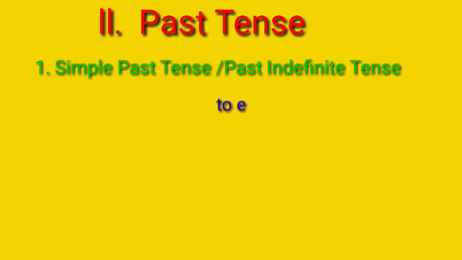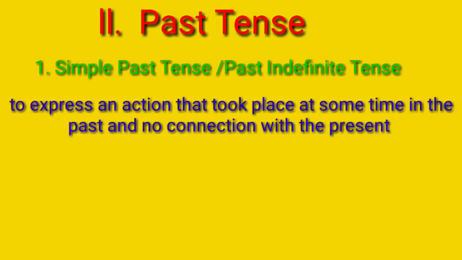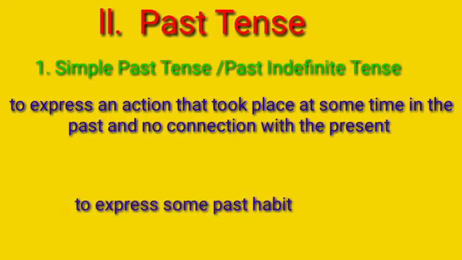We use simple past tense to express actions that took place at some time in the past. They do not have any connection with the present. Okay, and we can also use this simple past tense to express some past habit. Let us take examples.